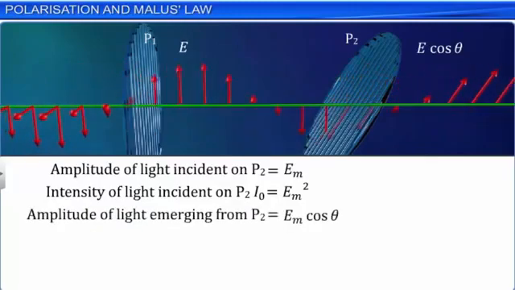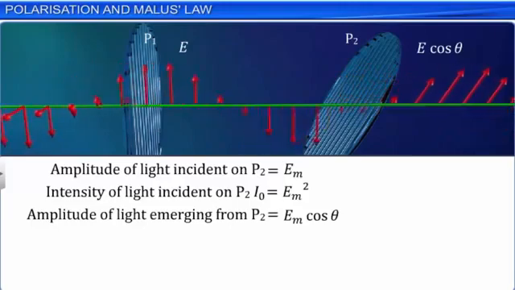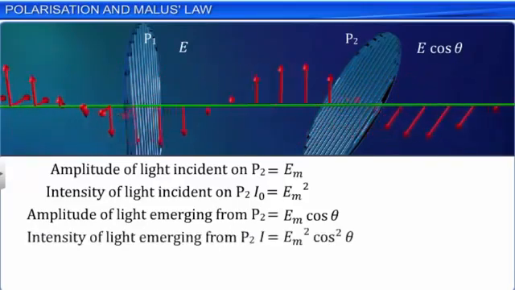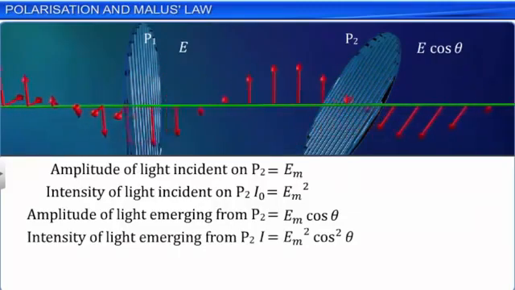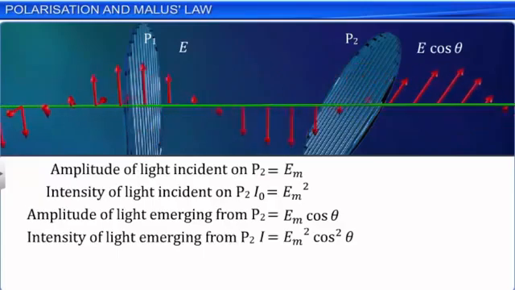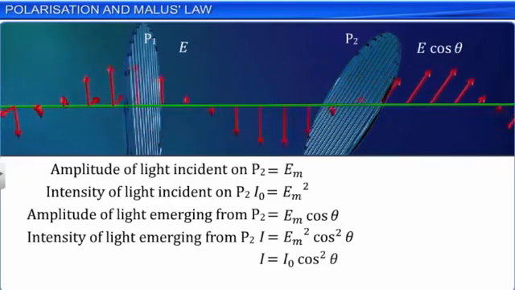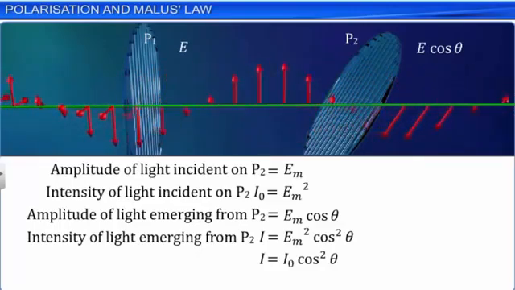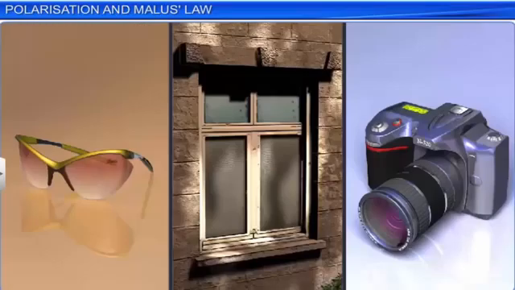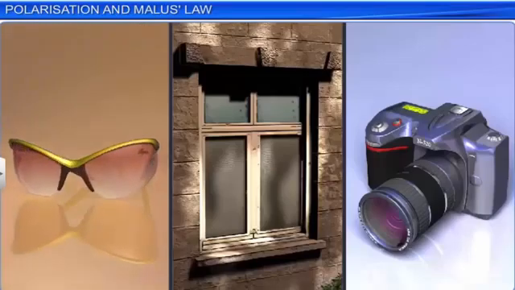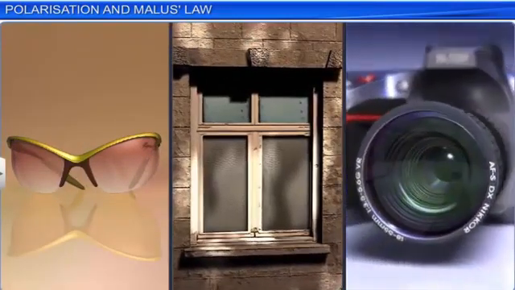The amplitude of the light emerging from the Polaroid P2 is then equal to Em cos theta, and the intensity of light I emerging from P2 is equal to Em squared cos squared theta. This can also be written as I is equal to I0 cos squared theta. This is known as Malus's law. Polaroids are used in sunglasses, window panes, and also in cameras as filters to control the intensity of light.